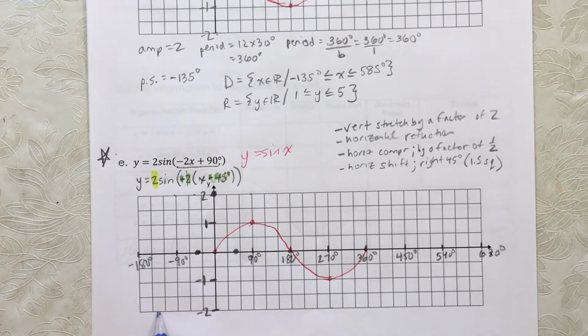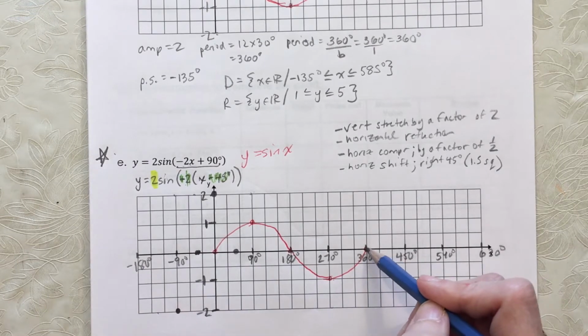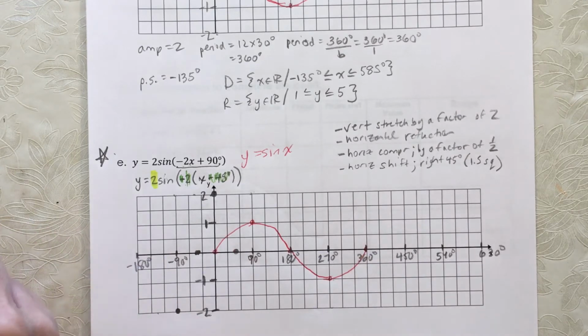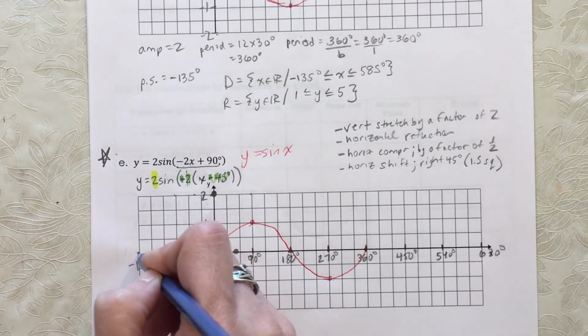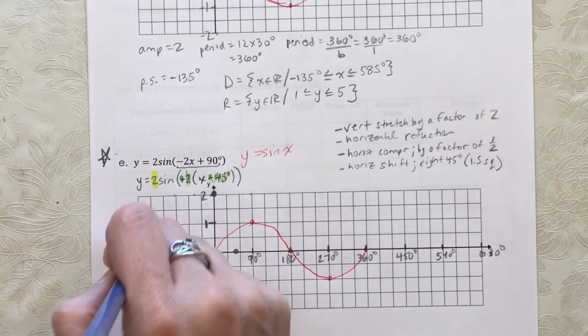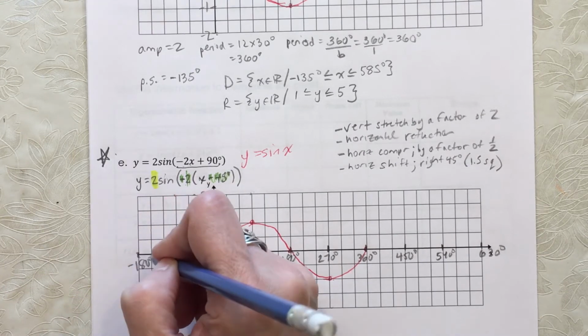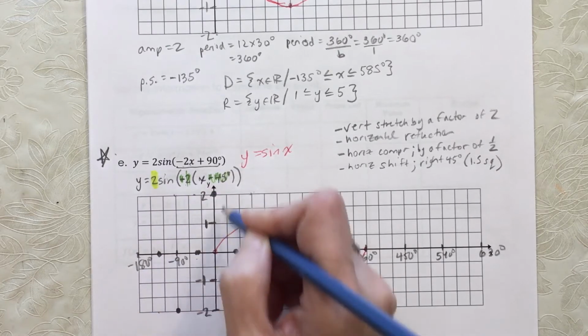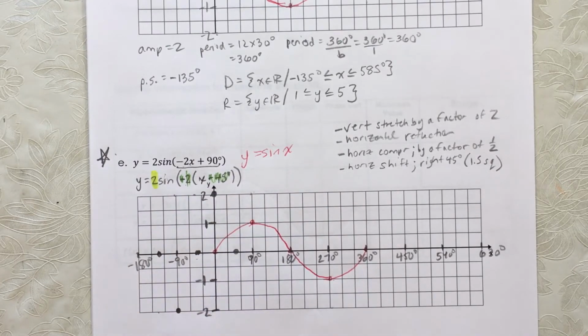And then shift right 1.5 puts me here. All right, 360 vertical stretch, I stay here. Horizontal reflection, I'm way over at -360, but then I half that, so I'm going to be at -180, and then shift right 1.5. So this 1, 2, 3, 4, 5 points should be one cycle.